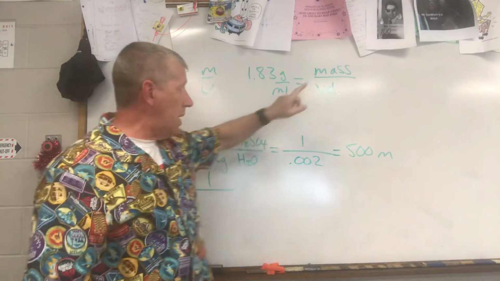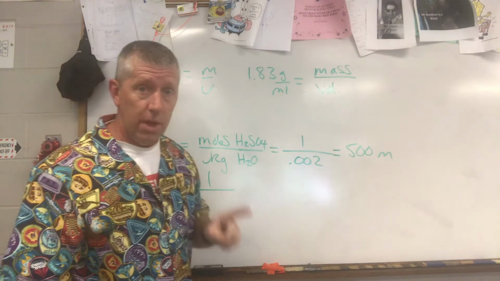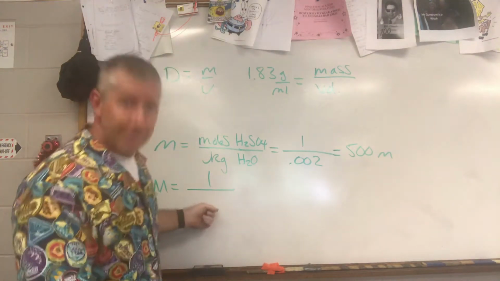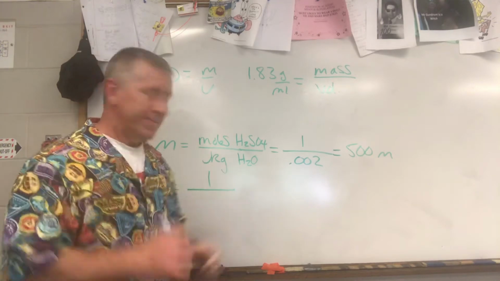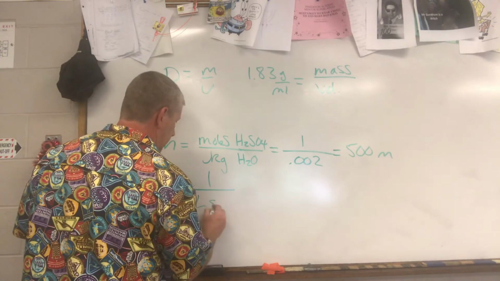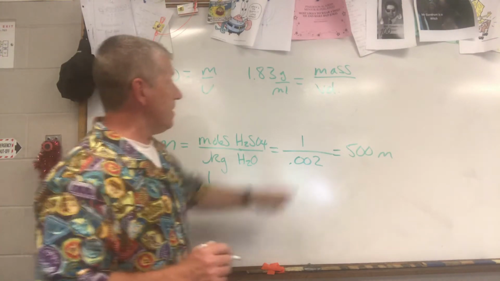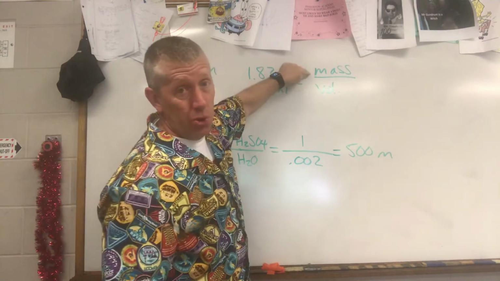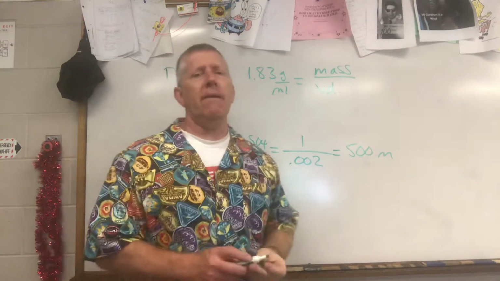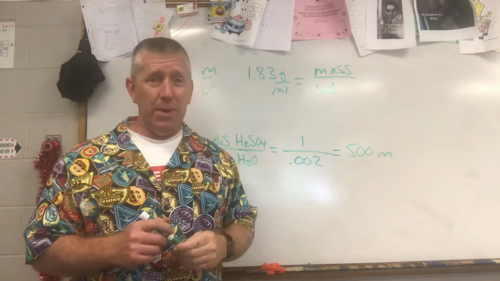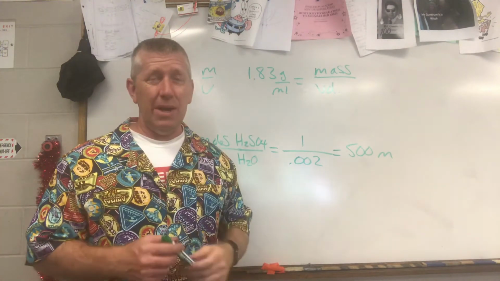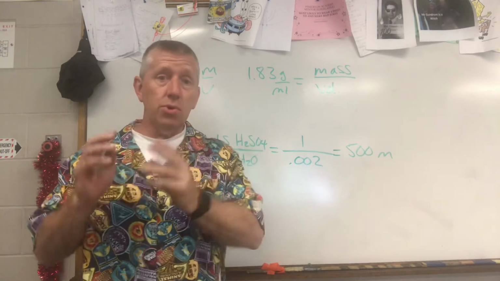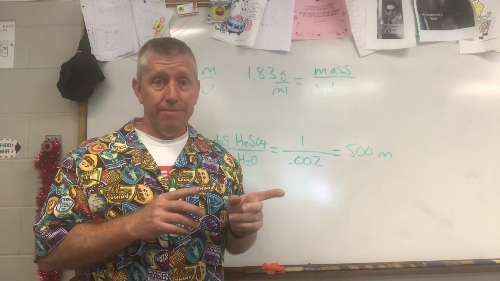Because remember, we need the volume of the solution, in liters, on the bottom here. I need the mass of the solution to do that. Do we have it? Yes, we do. I just realized I erased it. You had 98 grams of solute and 2 grams of solvent.